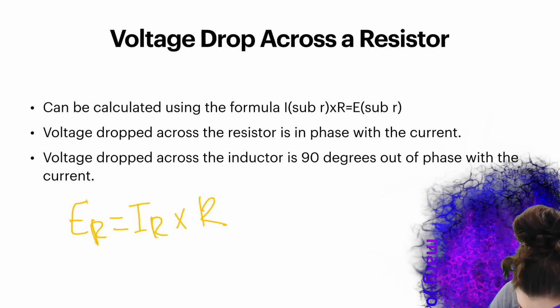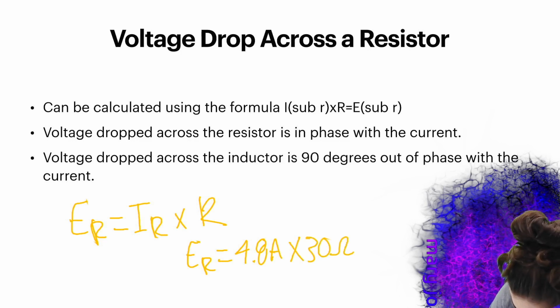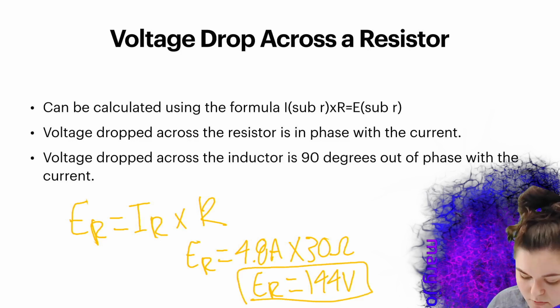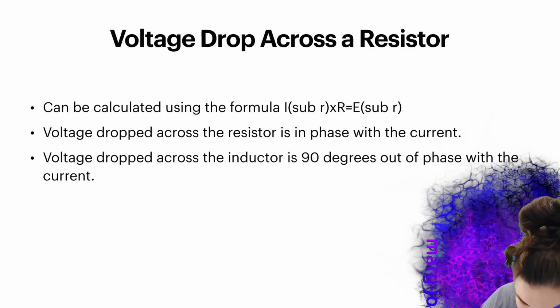So if you know you got 4.8 amps going through that resistor times the resistance of that resistor, you would come out with a voltage drop of 144 volts. You should remember that a little bit from DC, how you get the voltage drop of stuff. Alright.